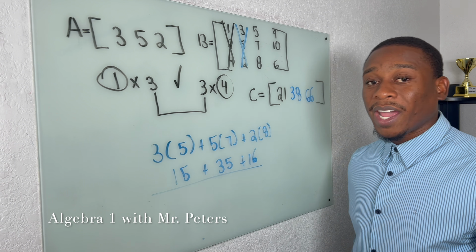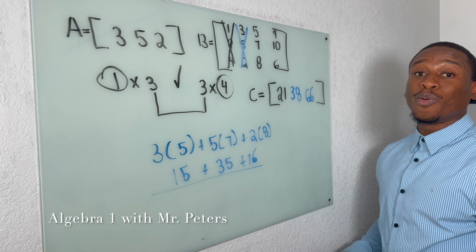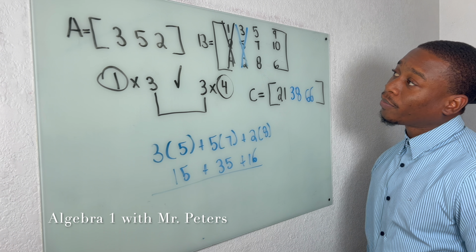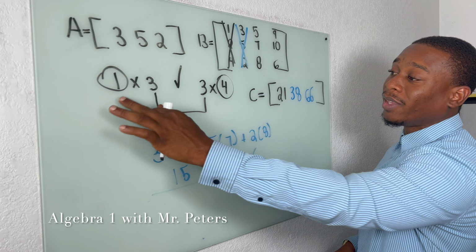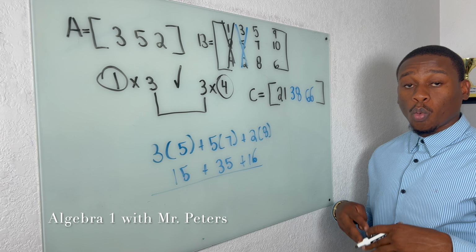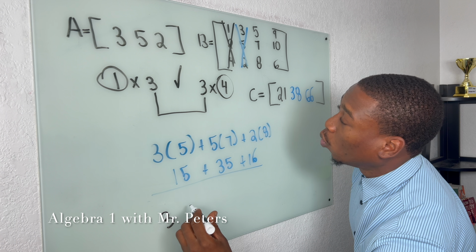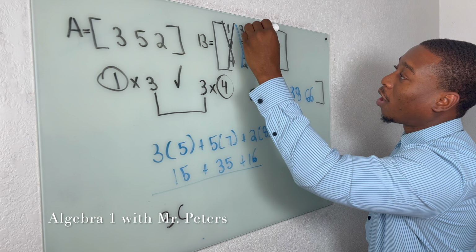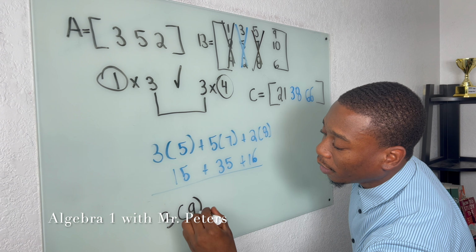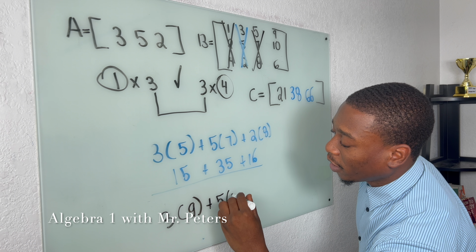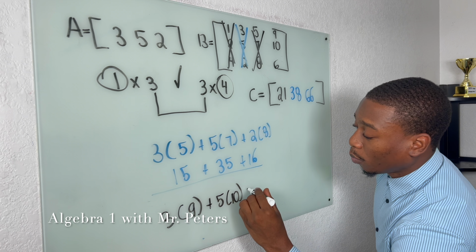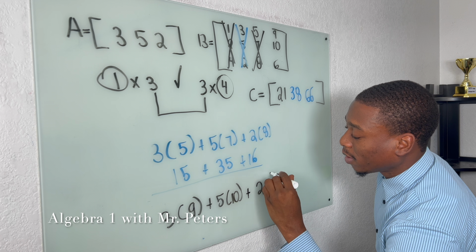Now, we have to repeat this process one more time, okay? And just like I said, guys, remember that these outside numbers let us know what the matrix is going to look like. So when I go back, we're going to have, cross this column out, 3 times 9 plus 5 times 10 plus 2 times 6.